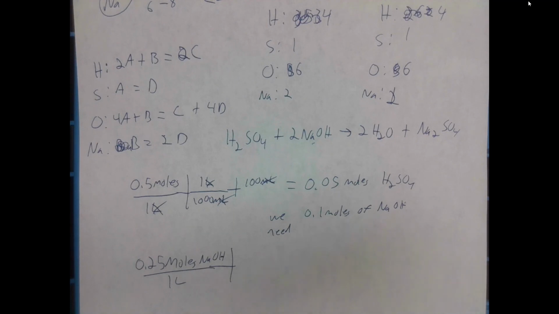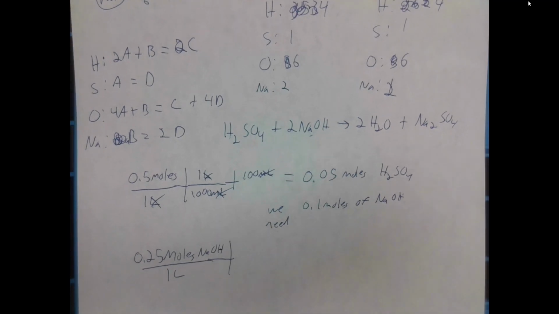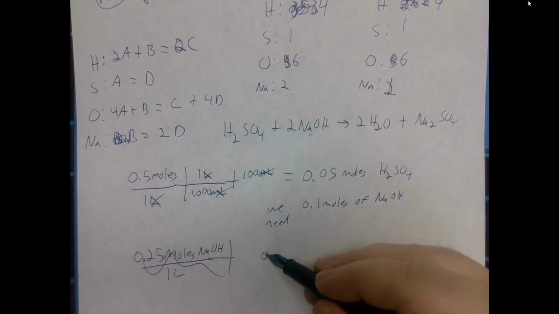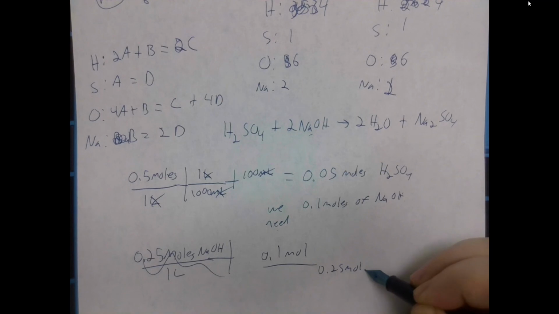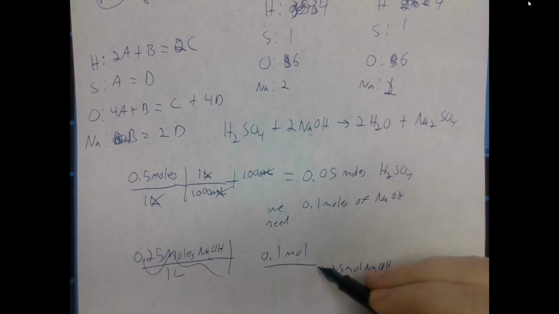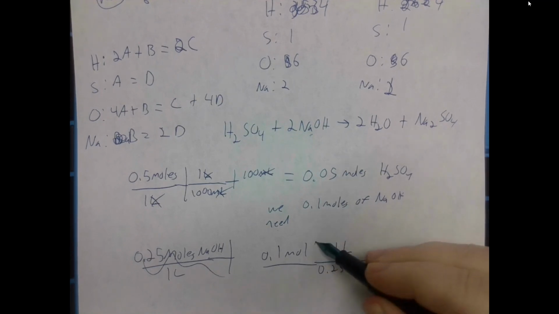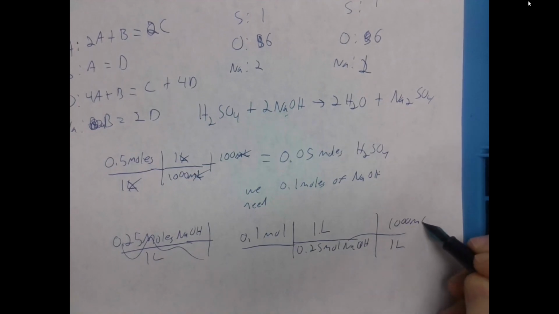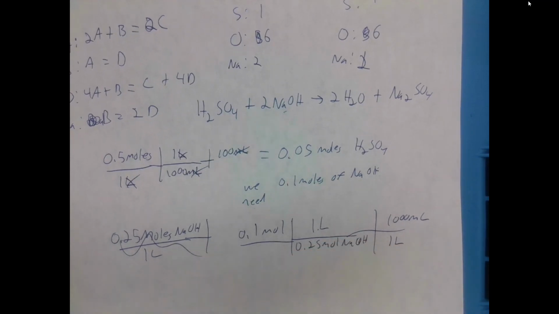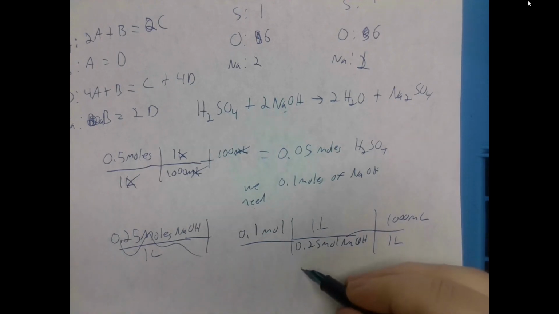We start with 0.1 moles and we multiply it by this. And that's how you get your answer. And convert into milliliters. And that's it. This is your answer. 400 milliliters.